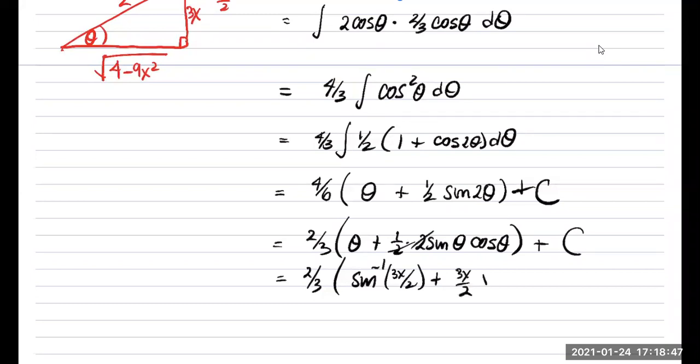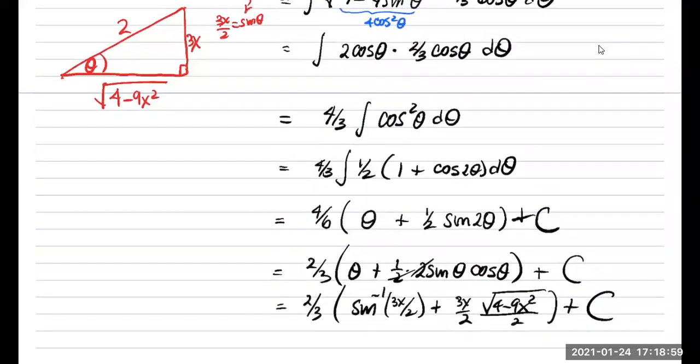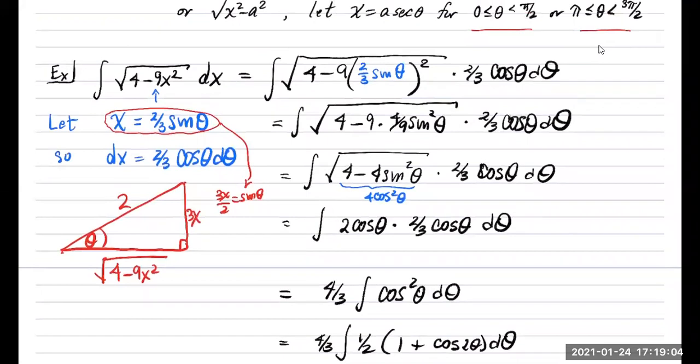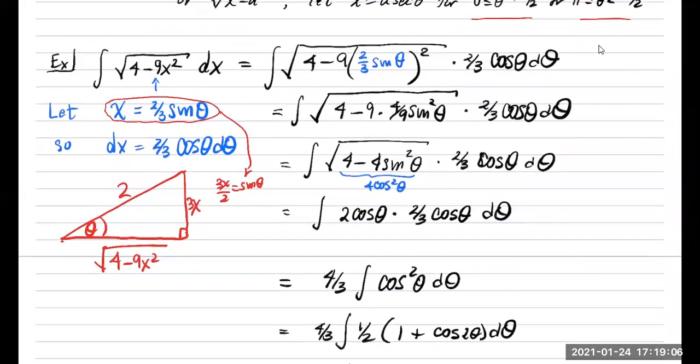And the cosine of theta is square root of 4 minus 9x squared, all from the red triangle. Okay, it's pretty involved, isn't it? Yeah, it is. Like I said before, it is not a routine problem. You kind of have to keep your wits about you.